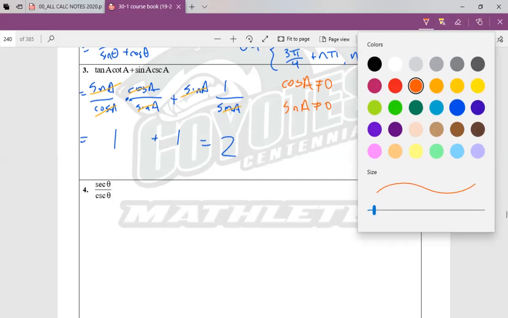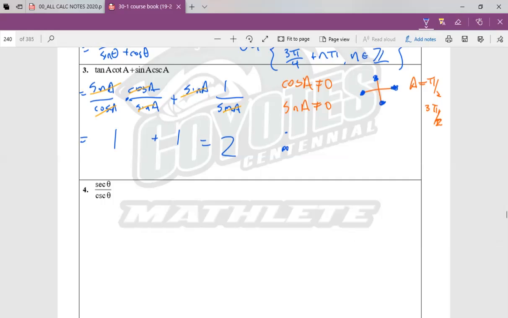But we can put it all together as one general statement. We would say, therefore, A cannot equal, because all of these are just separated by 90 degrees or pi halves, right? If we start with 0 plus n times pi halves, any multiples of pi over 2, n must be an integer. So any whole positive or negative number, multiples of pi over 2.